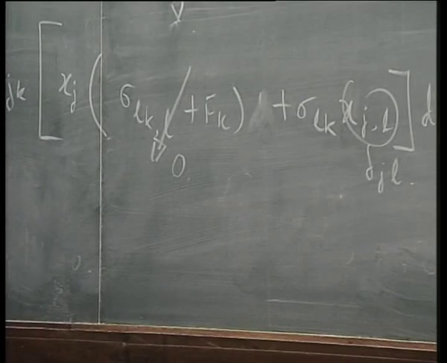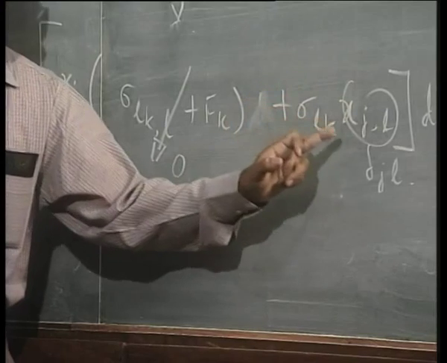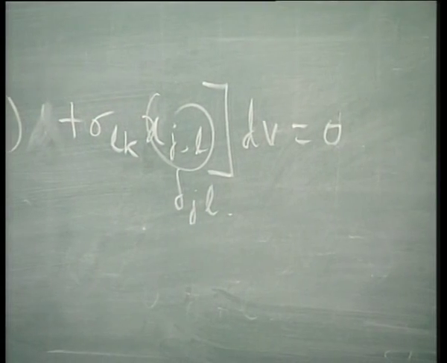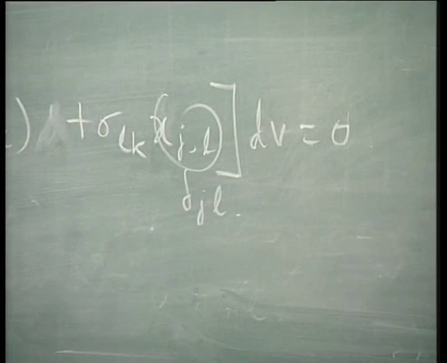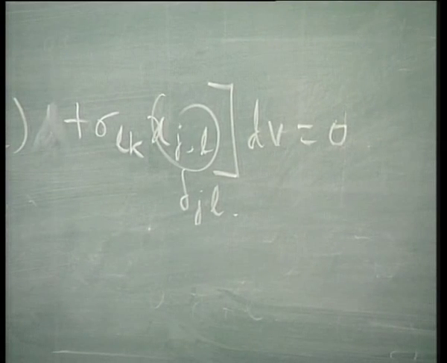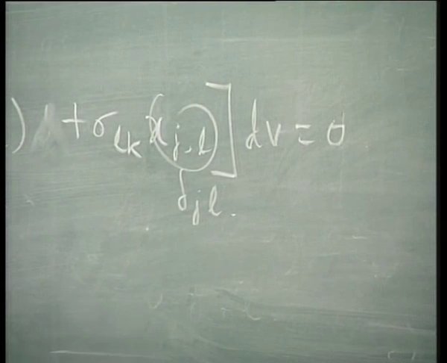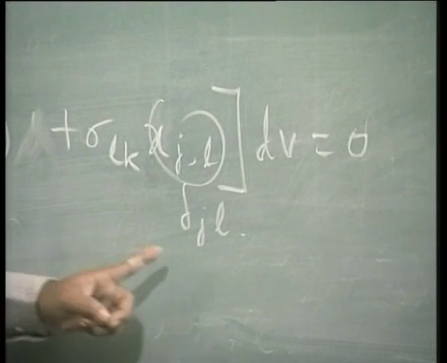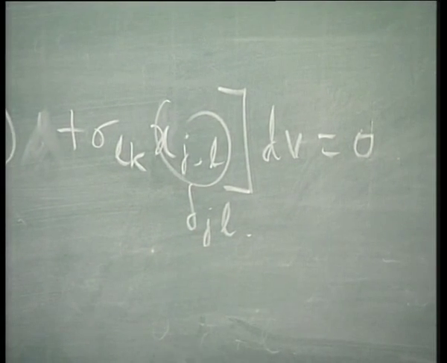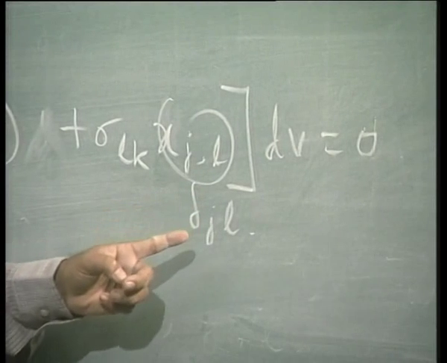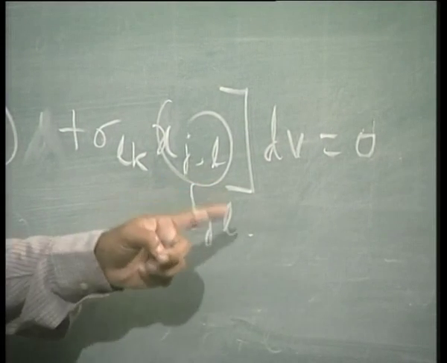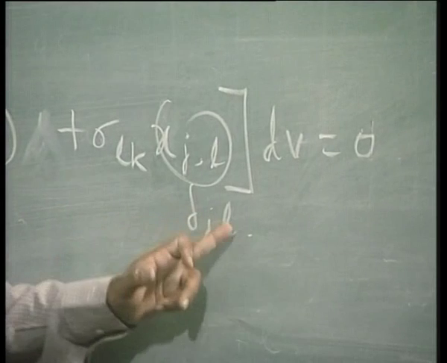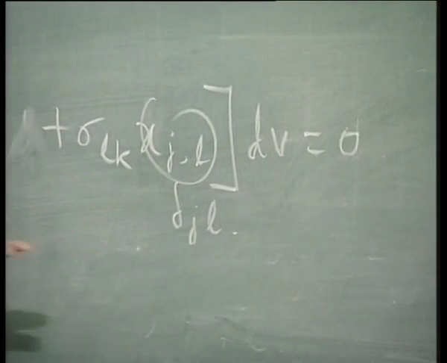So what will sigma Lk delta JL become? This indicates that it is equal to 1 only when j is equal to L. When j is not equal to L, this becomes 0.